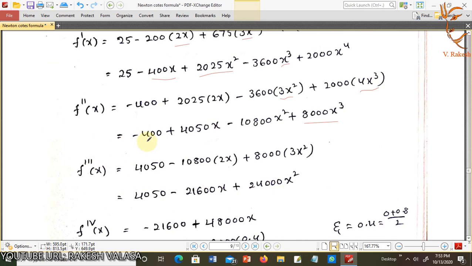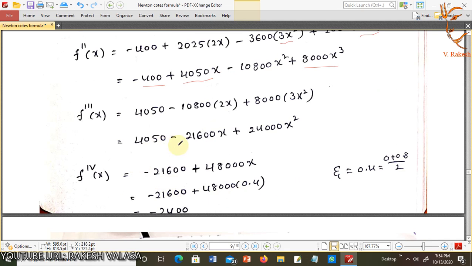Now again differentiate with respect to x, that means the third derivative. Minus 400 derivative 0, 4050 into x derivative 1, minus 10800 into x square derivative 2x, plus 8000 into x cube derivative 3x square. Now simplify this term, 4050 minus 21600x plus 24000x square.